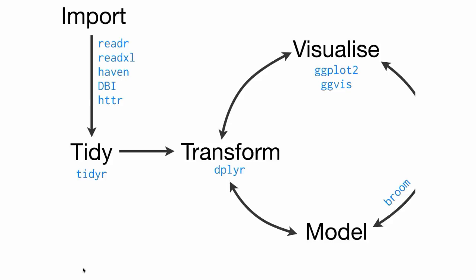So there's readr for reading in flat files, readxl for reading in XLS and XLSX files, haven for reading in files from other statistical packages like SPSS, Stata, and SAS, DBI for talking to databases, and httr for talking to web APIs.